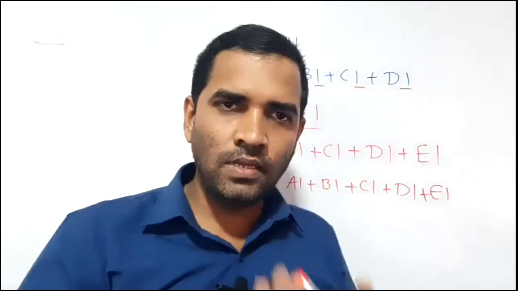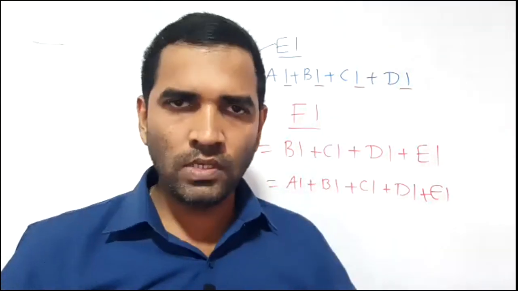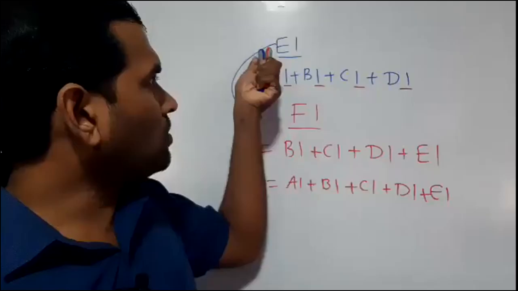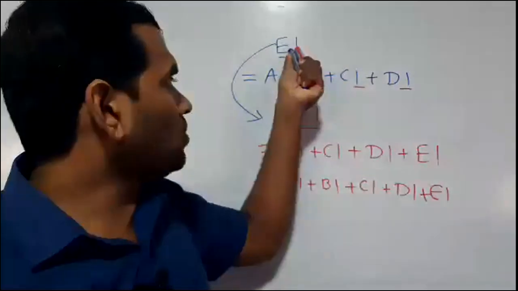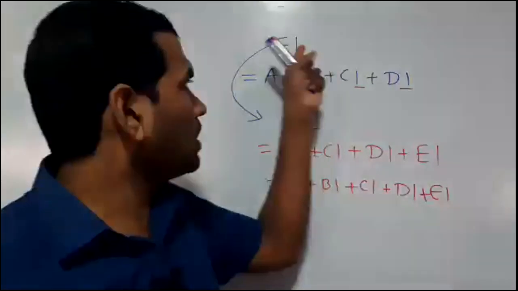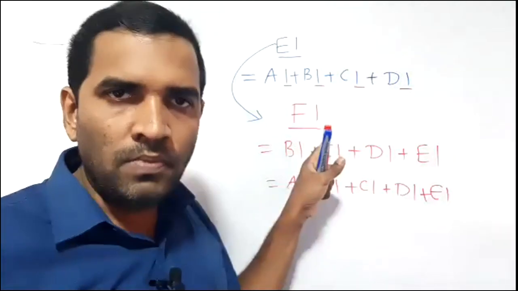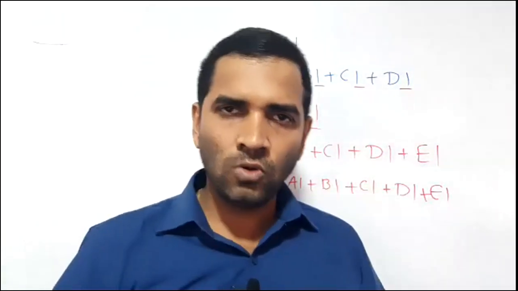So definitely there is a change in terms of cell. We are changing the cell. But look here, we are going from E1 to F1, which means the row is not changed. We are not changing the row. Have a look at that. We are in the first row now, and minutes after we will be in the first row. So the row remains the same.